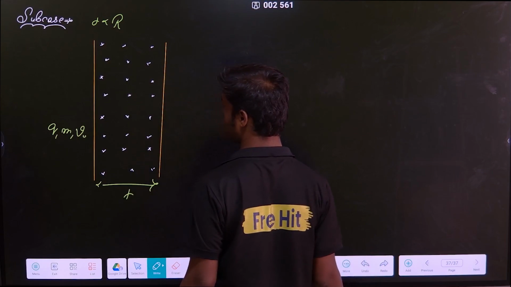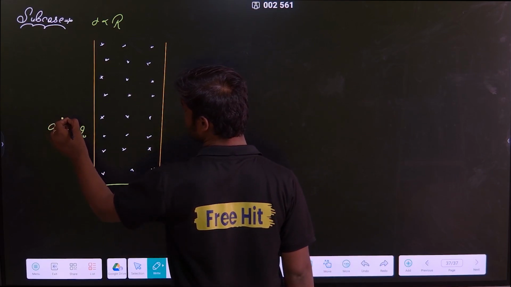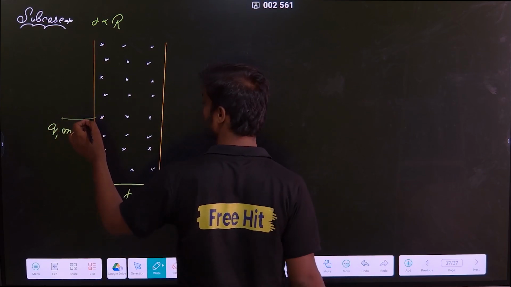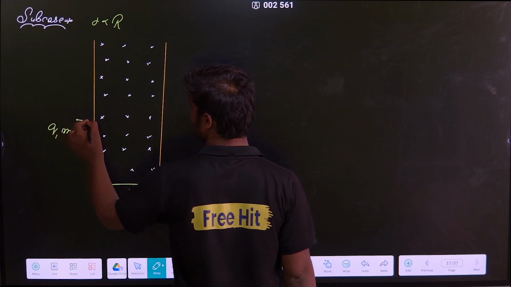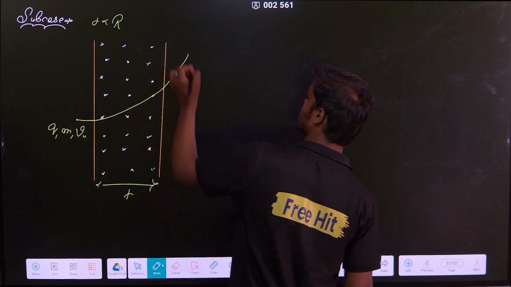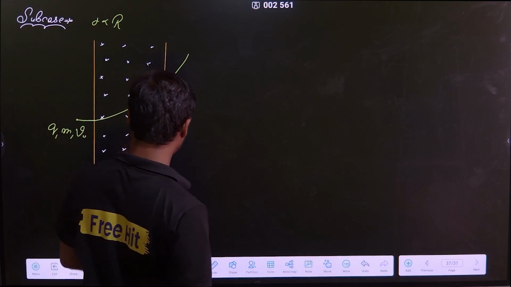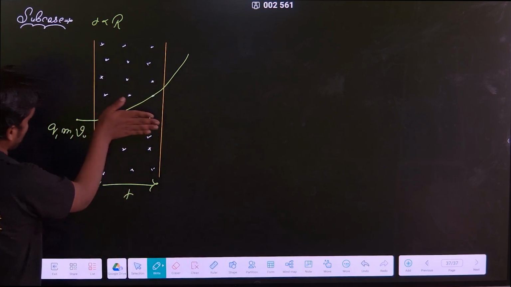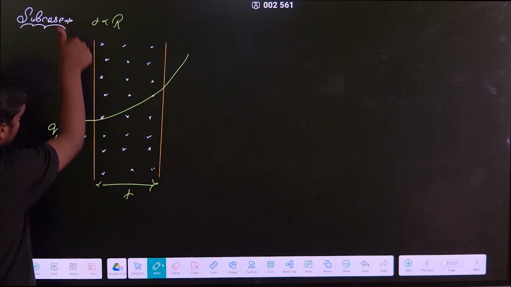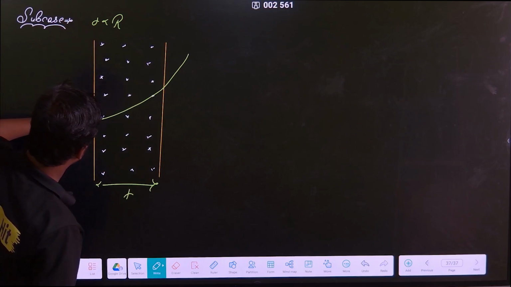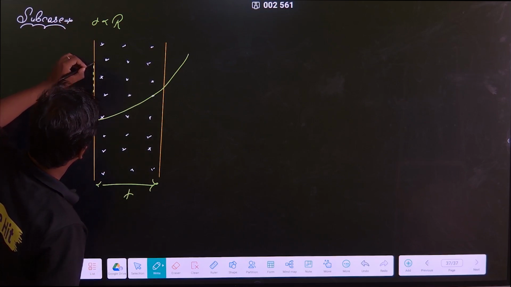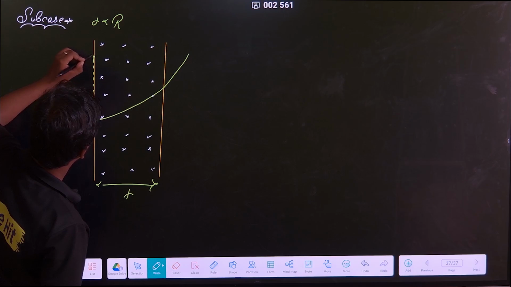It will be deflected from here. As it reaches, it gets deflected. Why is it deflected in this direction? If you see properly, my velocity is like this. By v cross B, the force is going to act in this direction. So at this point the force acts, and suppose the center is here.